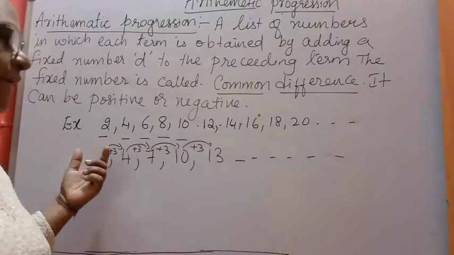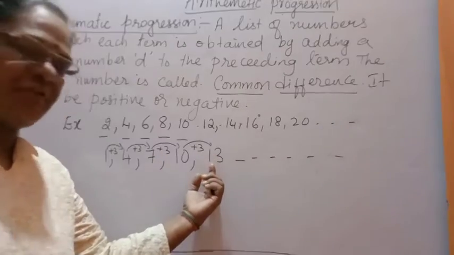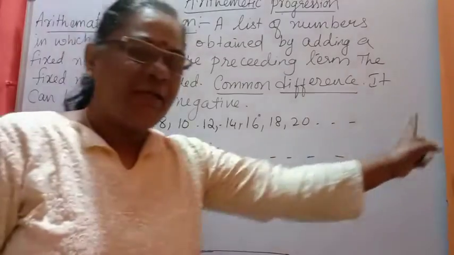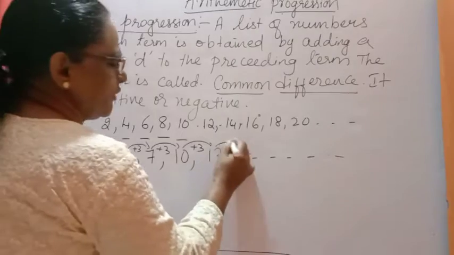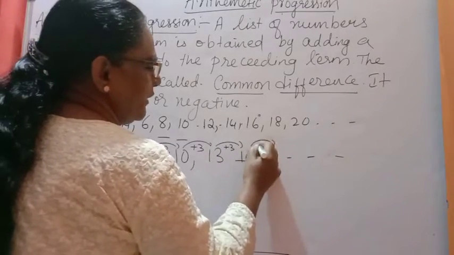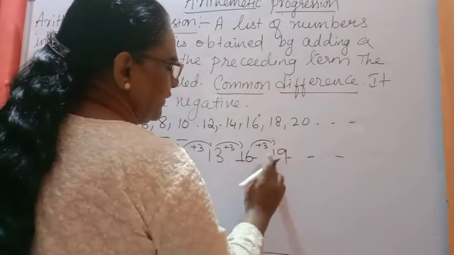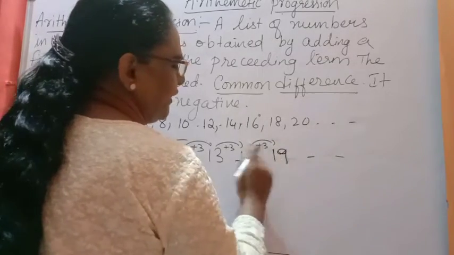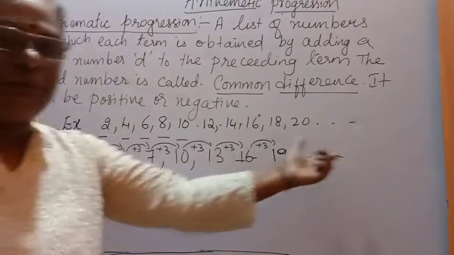If you go on adding a constant number to the previous number, you will get the next terms. The next is plus 3, that is 16, then plus 3, that is 19. There is a difference of 3 between the two numbers.